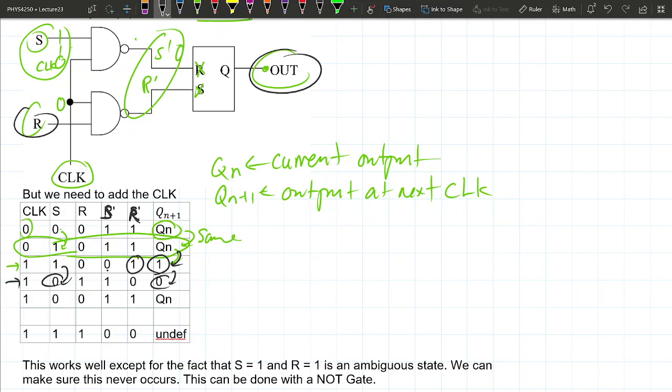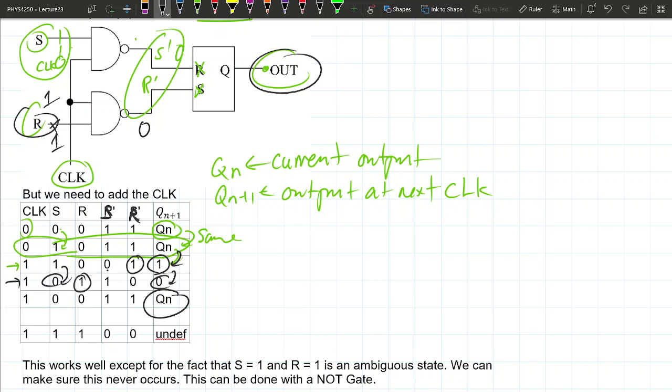But if your reset key is set to 1, this will actually make this a 1. And if your clock is high, that means R prime is always going to be 0. When R prime is 0, this turns off this RS flip-flop, and therefore it doesn't allow you to write anymore.